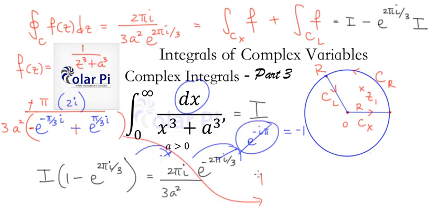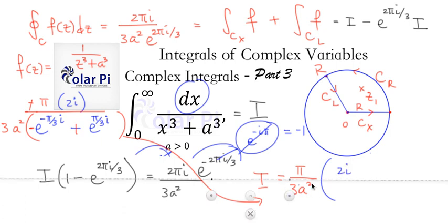We've got that I, right, which equals this as of now, equals the following, which is pi divided by 3a squared, and then times, and it's 2i divided by, and then I could write these guys in reverse order, right?